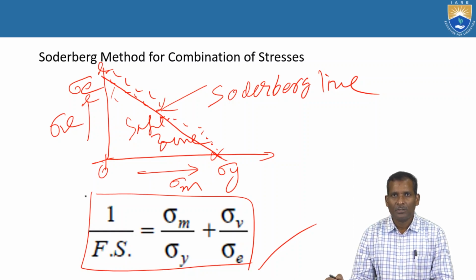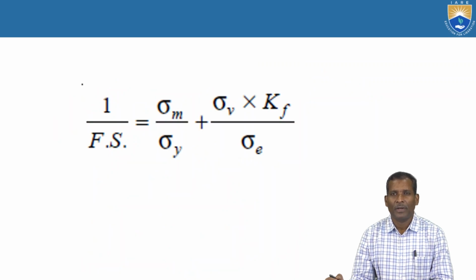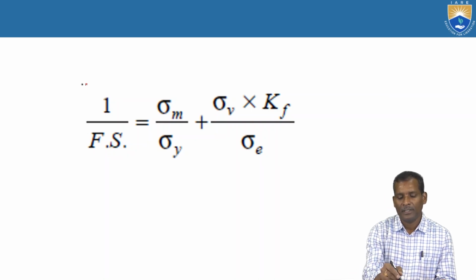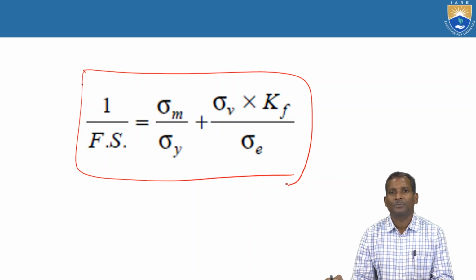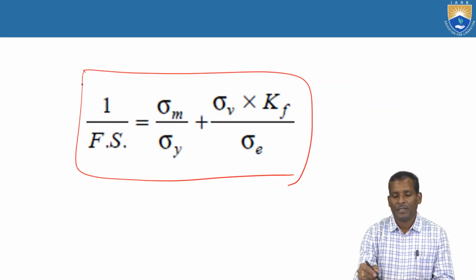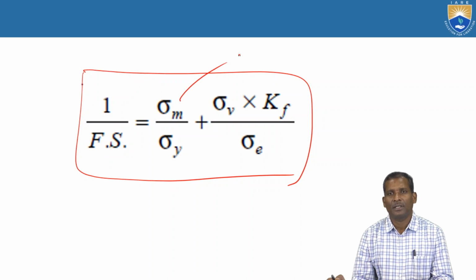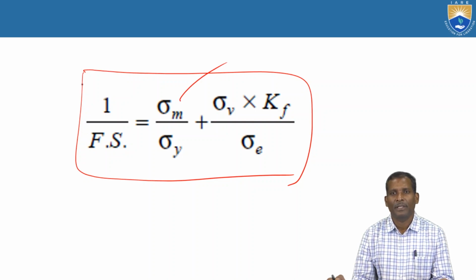In this case also, if you are considering a fatigue stress concentration factor, then it may be written like this: 1 by factor of safety is equal to mean stress upon yield stress plus sigma v into k by sigma e.